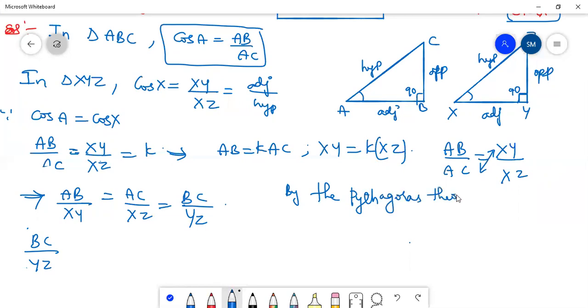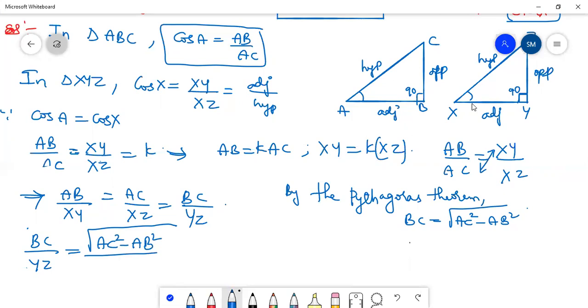In the theorem, BC is equal to under root of hypotenuse square minus adjacent square, that is AC square minus AB square, by YZ equal to under root of XZ square minus XY square.